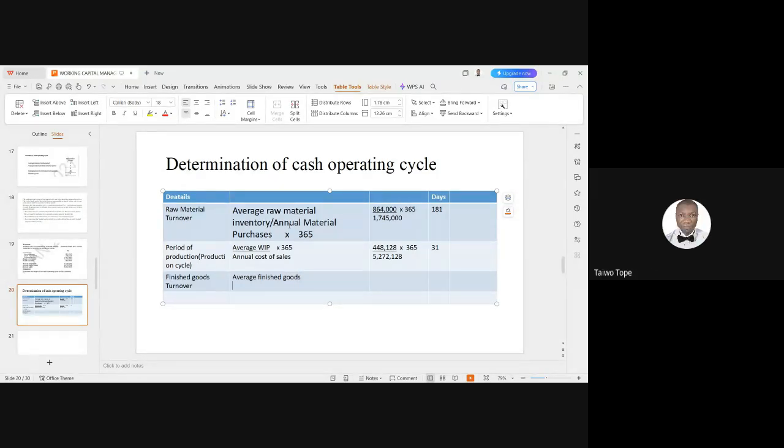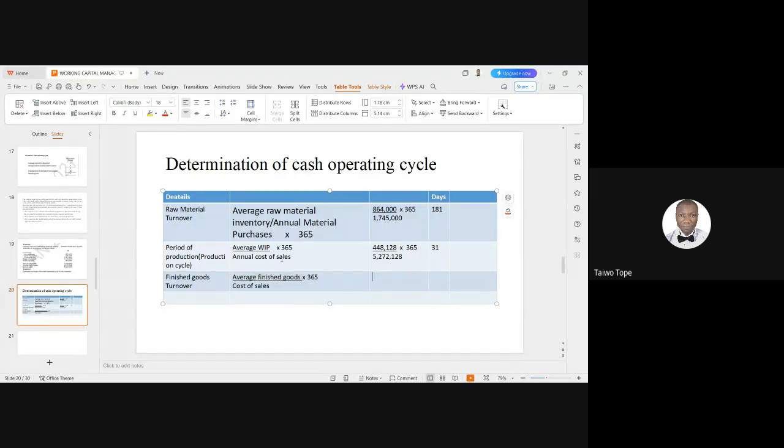Average finished goods divided by cost of sales, multiplied by 365.